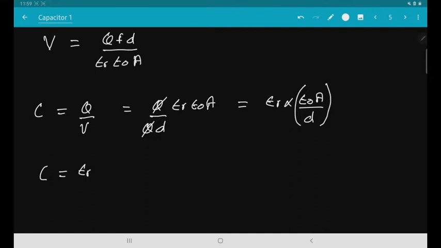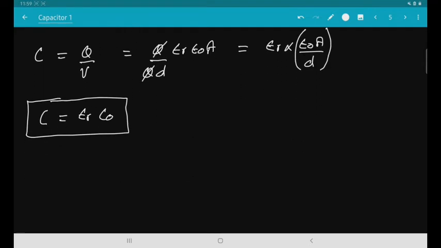So we can just write this as C naught, where C naught is the capacitance in the absence of the dielectric. So in the presence of the dielectric fully occupying the space between the plates, it will be the relative permittivity into the capacitance when the dielectric was not present, that is epsilon naught A divided by d.